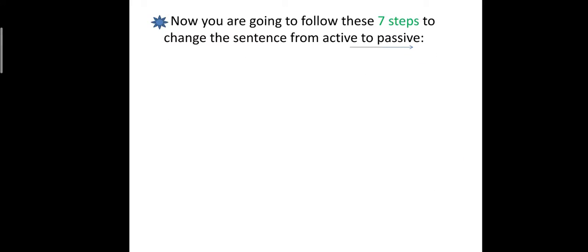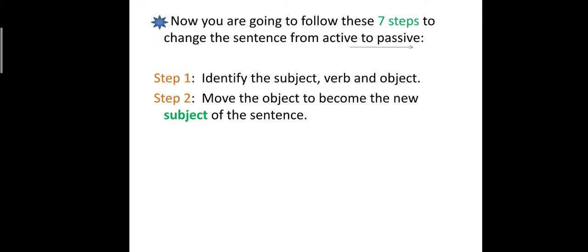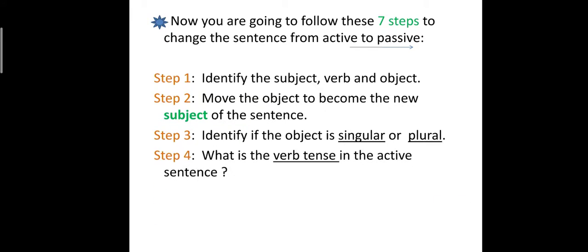Okay, now you are going to follow these 7 steps to change the sentence from active to passive. Step 1. Identify the subject, verb, and object. Step 2. Move the object to become the new subject of the sentence. Step 3. Identify if the object is singular or plural. Step 4.